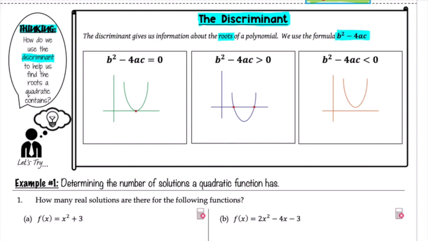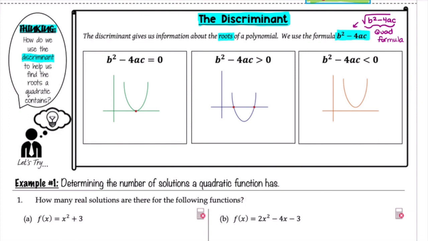This piece is what is under the radical for your quadratic formula. We are only worried about what's under the radical. We do not include the radical when we are dealing with the discriminant.